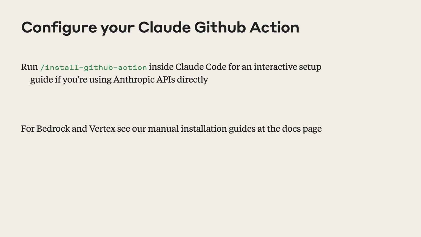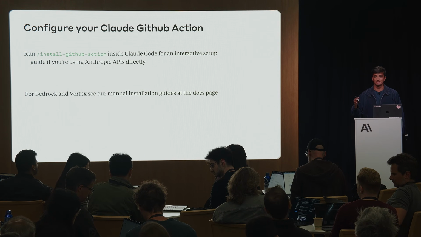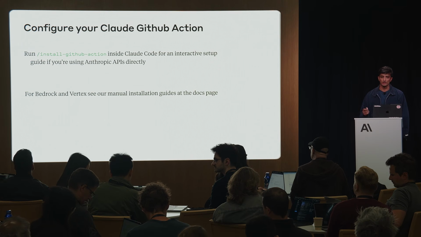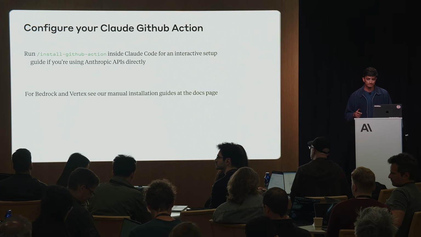That is going to present you with a nice flow, which guides you through configuring your GitHub action as well as merging it. The end result of this would be a PR, which would be a YAML file for your GitHub action. Once you merge that in and you configure your API keys and things like that, you're off to the races. And you can go ahead and start tagging Claude and using Claude like we just did right now.